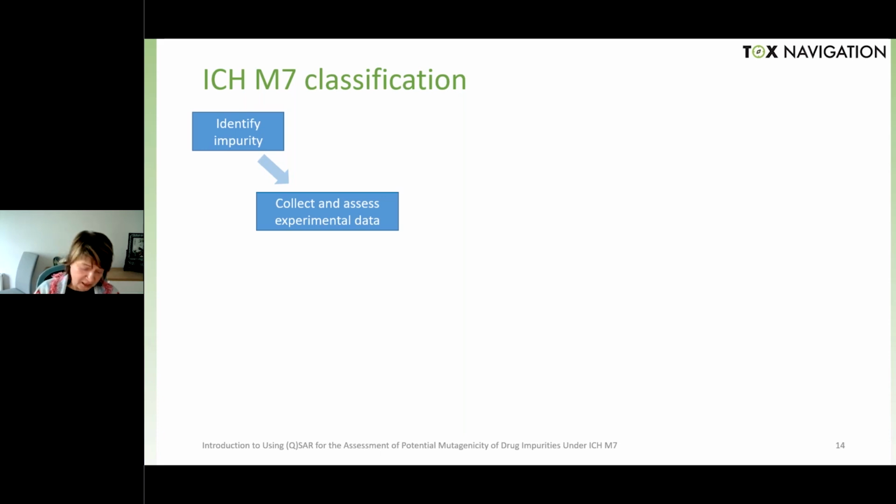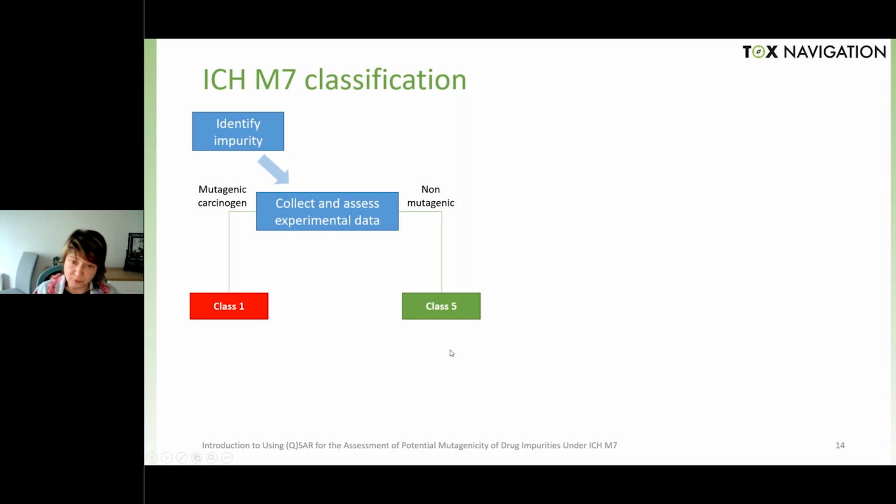If these data are enough for a classification, you can classify your impurity as class 1, mutagenic, carcinogenic, or class 5, non-mutagenic, or there is a class 2 that is mutagenic with unknown carcinogenic potential.